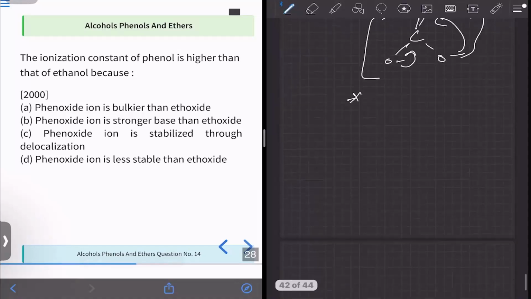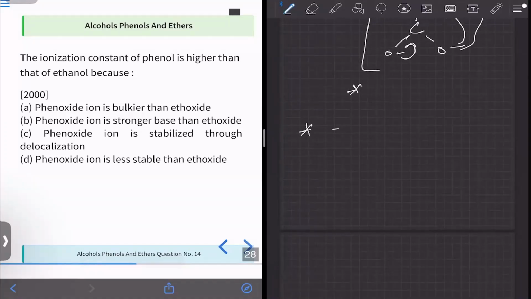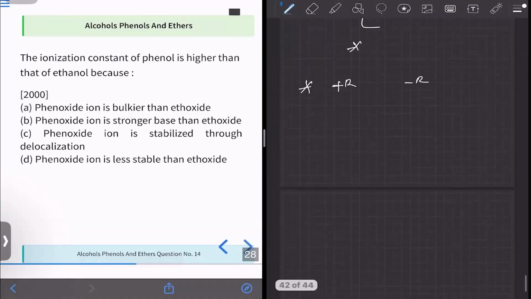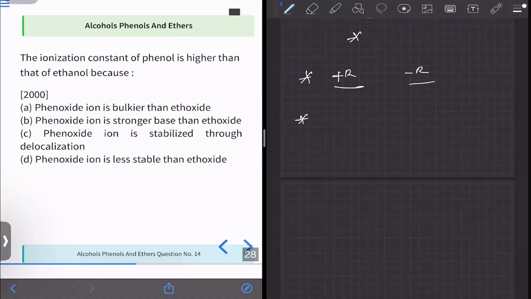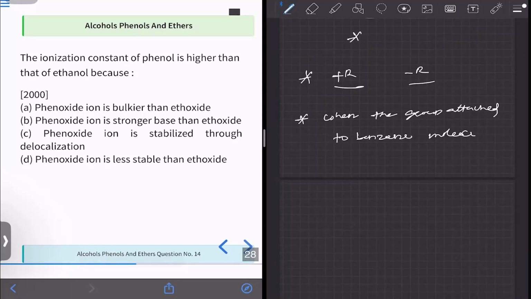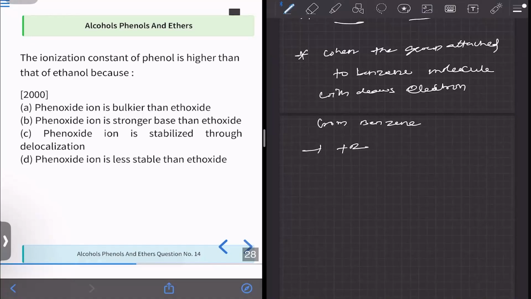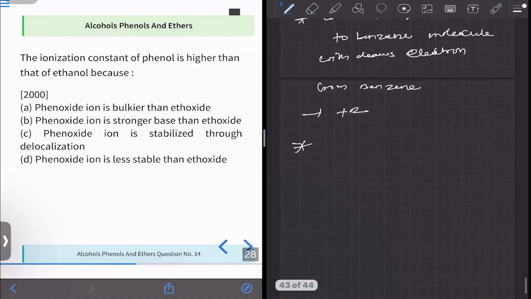The next one we have is plus R and minus R groups. What is meant by plus R and minus R? See, whenever the group attached to the benzene molecule withdraws electrons from benzene, this is known as plus R. What is minus R?